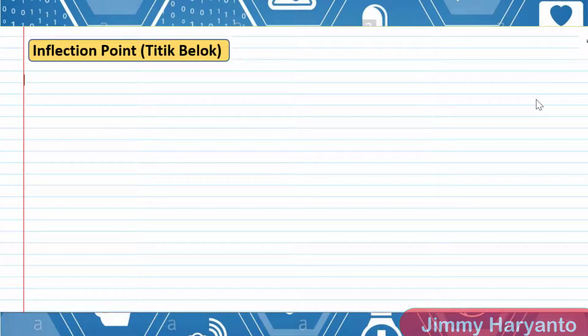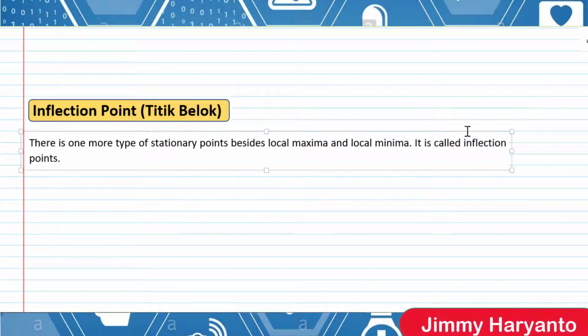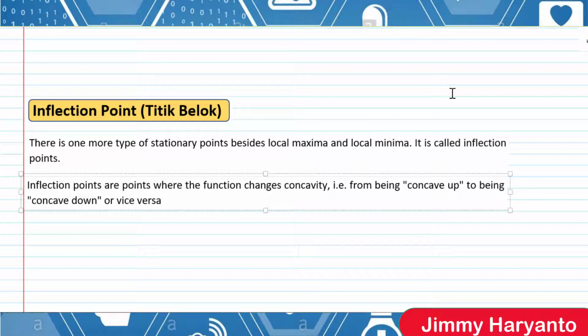Next is the inflection point, or in bahasa it's titik belok. There is one more type of stationary point besides local maxima and local minima. It is called an inflection point. Inflection points are points where the function changes concavity, for example, from being concave up to being concave down or vice versa.